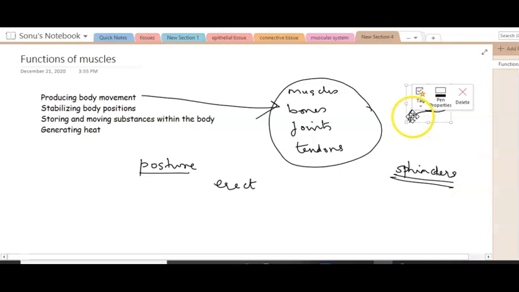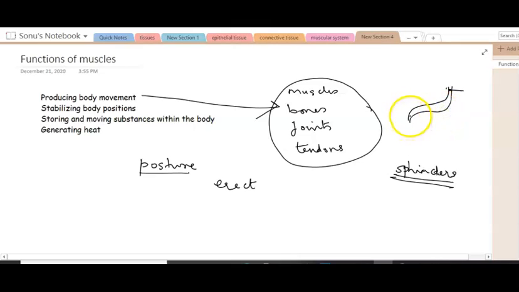So what do these sphincters exactly do? The cardiac sphincter will prevent the regurgitation of food from the stomach back to the esophagus. It will prevent the reflux of food from the stomach back to the esophagus. And the pyloric sphincter will open only after the digestive process of the stomach is over.